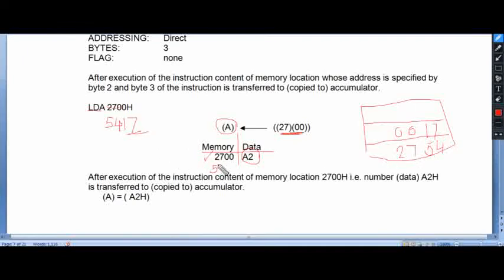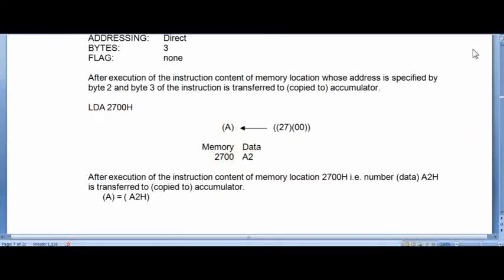Whatever number is present in memory location 5417 goes to the accumulator. For example, if the number 11 is there, the number 11 goes to the accumulator. This is the instruction LDA.